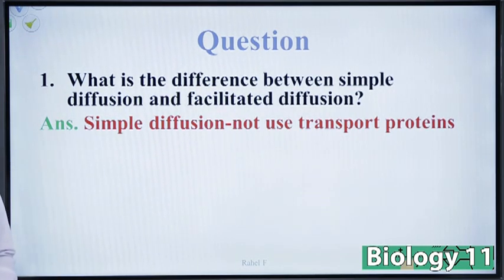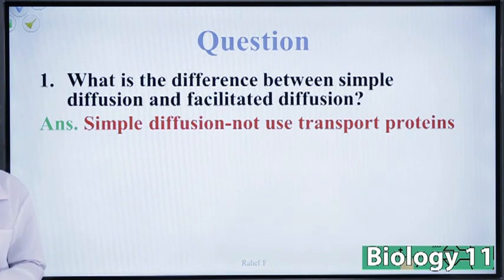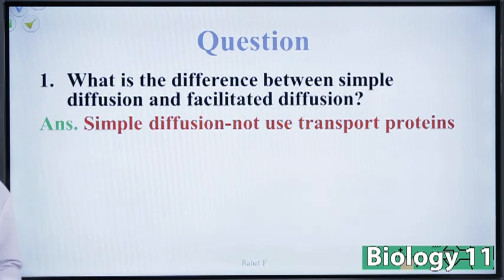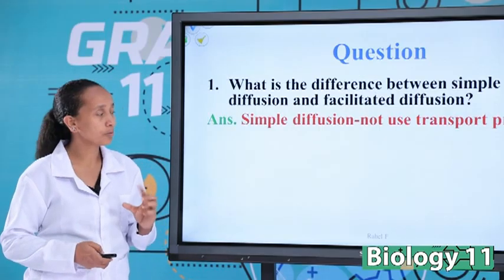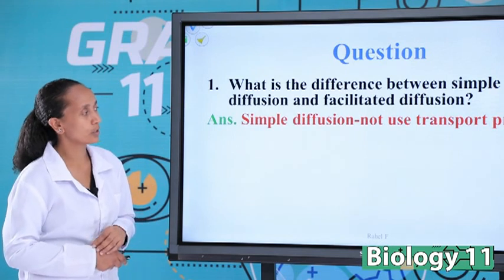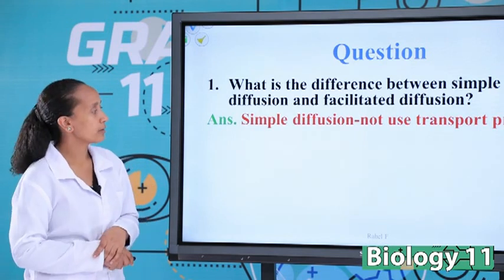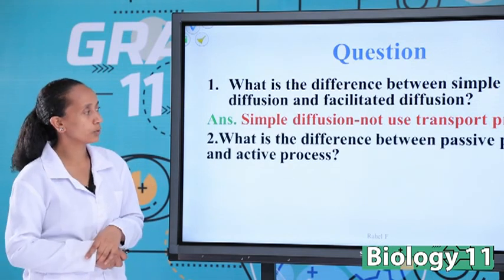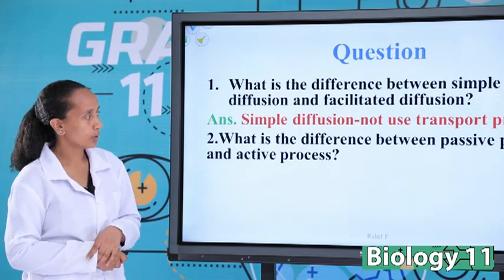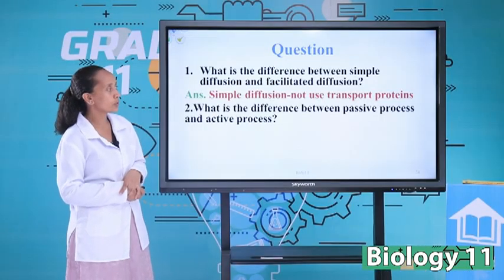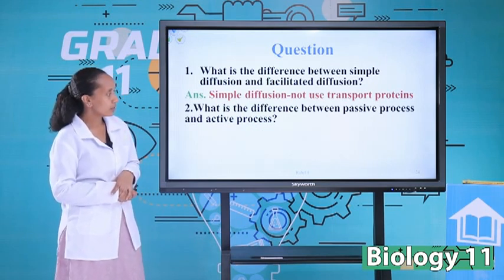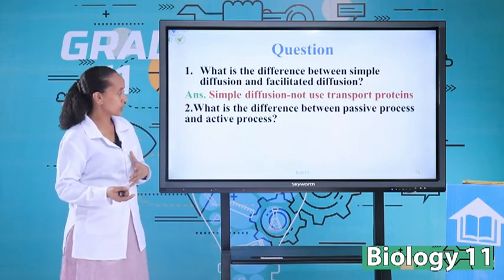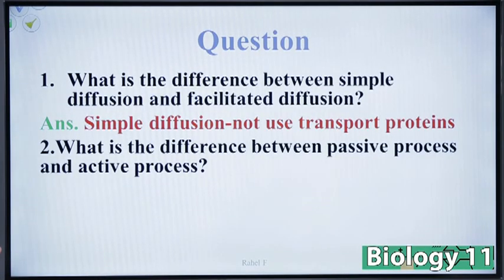Simple diffusion does not use transport protein, but facilitated diffusion uses transport protein. Both are passive processes, but facilitated diffusion uses transport proteins, and simple diffusion does not.